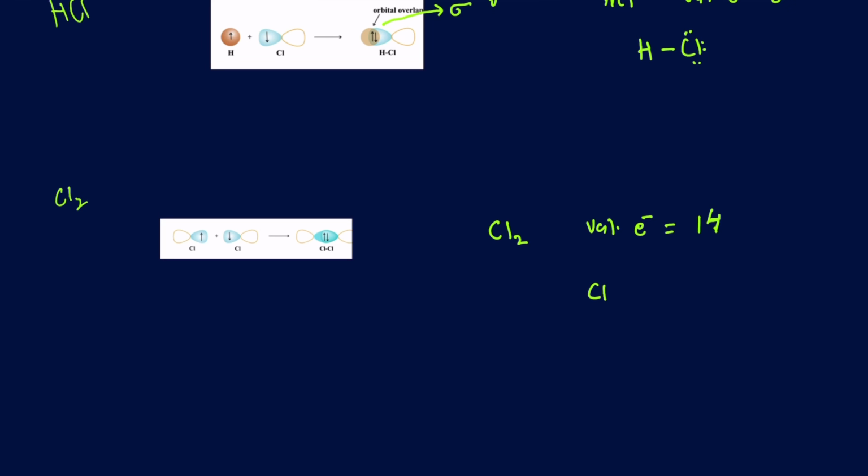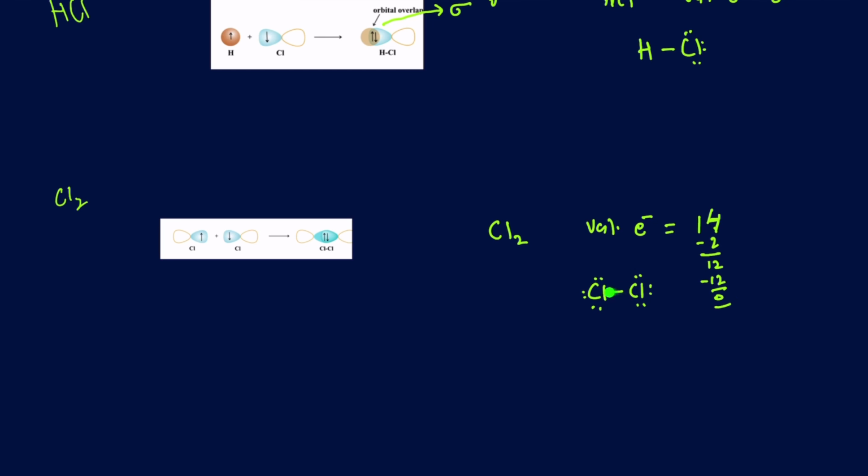I'll put one bond between the two chlorine atoms, and that uses up 2 electrons. So I still have 12 more to go, and we want to complete the octets for all the chlorines, and that uses up the remaining 12 electrons. This explains the octet. Both of the chlorines are happy.